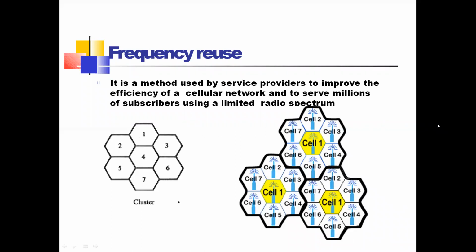That means the radio spectrum is limited, and we have to utilize it effectively. Some frequency bands are allocated for mobile communication, and the limited spectrum is used efficiently to reach more subscribers with better quality.